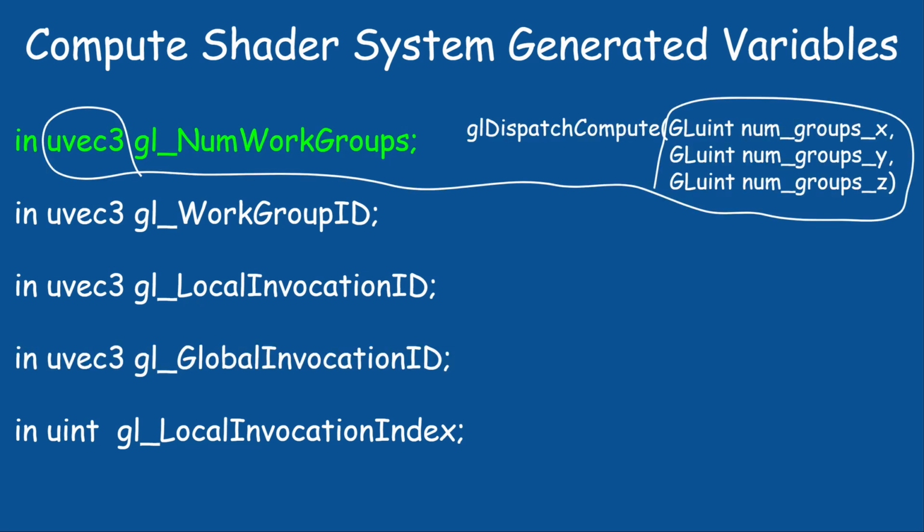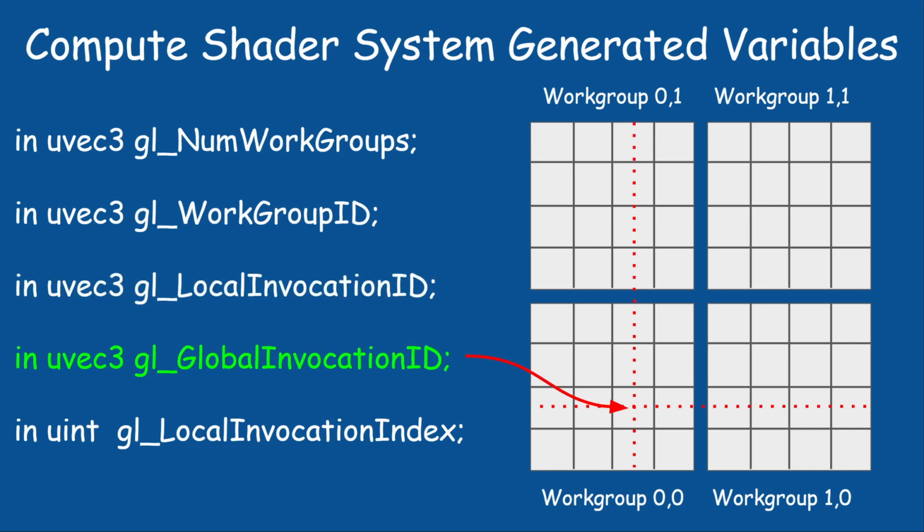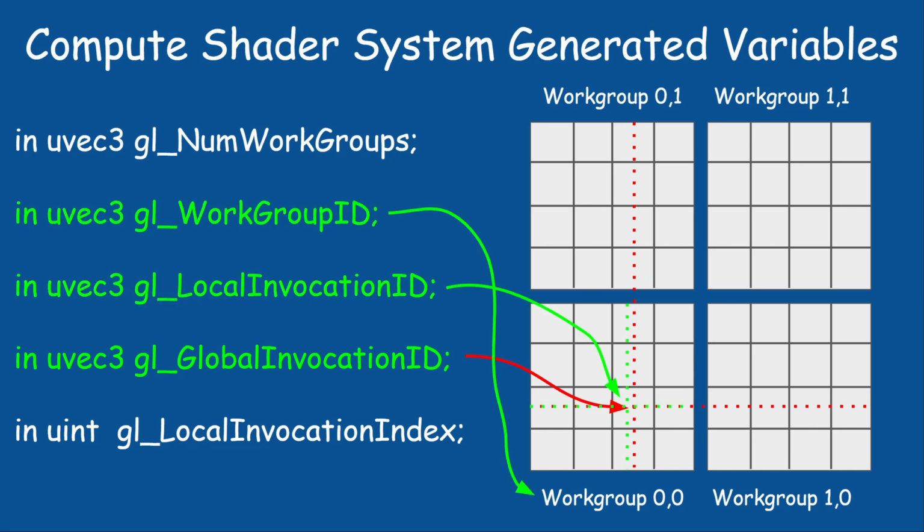Other system-generated variables which you may find useful are gl_NumWorkGroups, which tells you how many workgroups we have on each dimension, gl_WorkGroupID, which specifies our location on the workgroup level, and gl_LocalInvocationID, which specifies our location on the shader level. As I said, gl_GlobalInvocationID takes into account both gl_WorkGroupID and gl_LocalInvocationID.